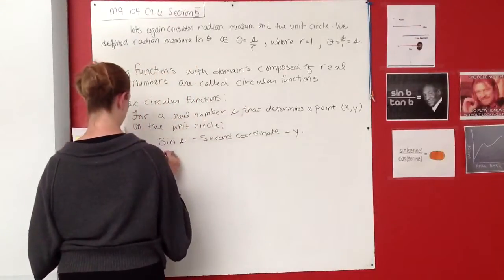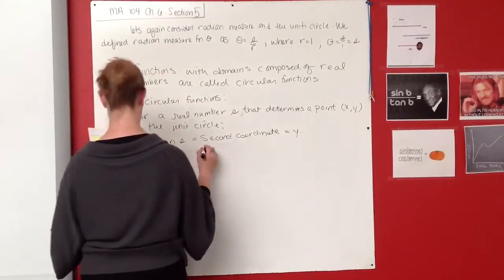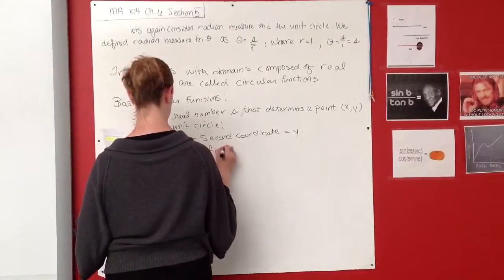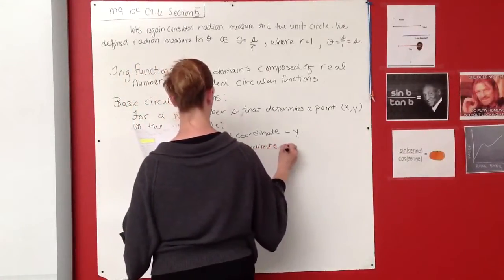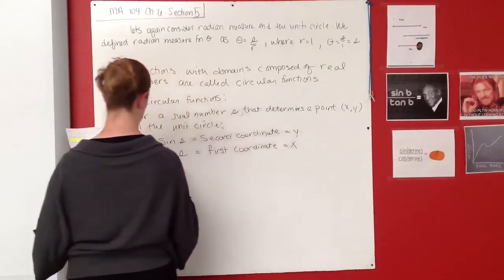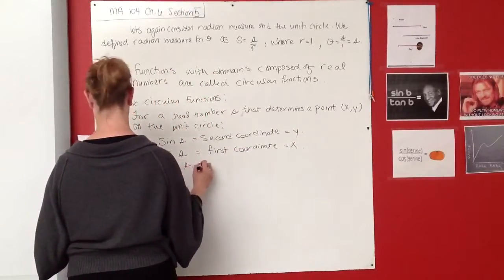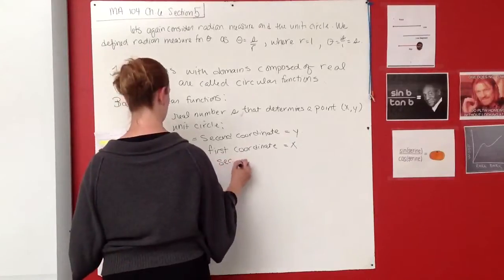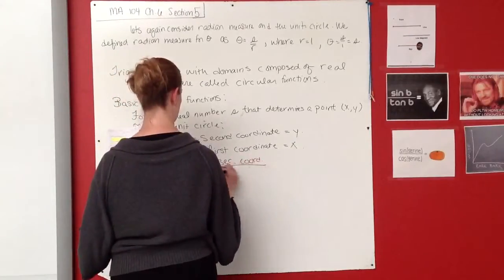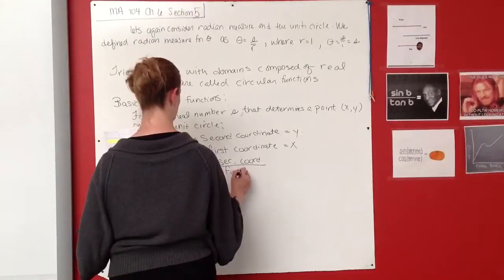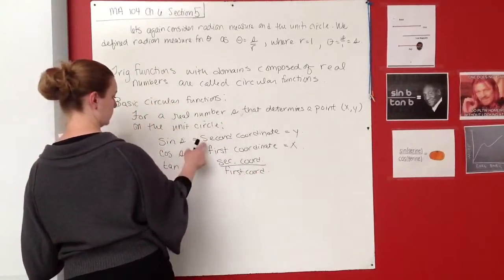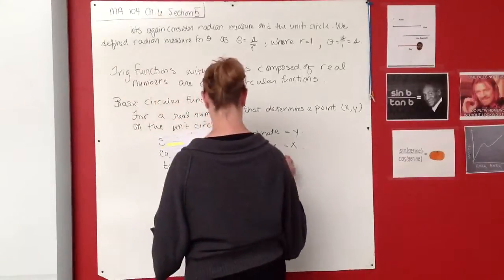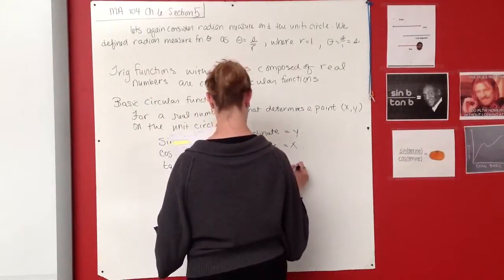The cosine of S is your first coordinate, or what we call our x coordinate, and the tangent of some number S is your second coordinate divided by your first coordinate, because don't forget that tangent is sine over cosine, so second divided by first, or y divided by x, provided that your x coordinate is not equal to 0.